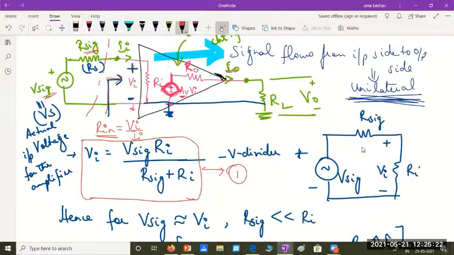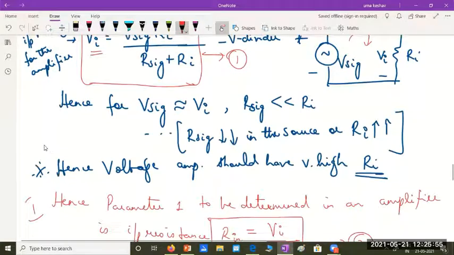If I write the input side of the circuit as I have shown here, you can clearly see the voltage drop across this resistance would be Vsig into Ri by Rsig plus Ri. The voltage divider rule tells us it will be Vsig into Ri by Rsig plus Ri. That's how we have written the first equation.